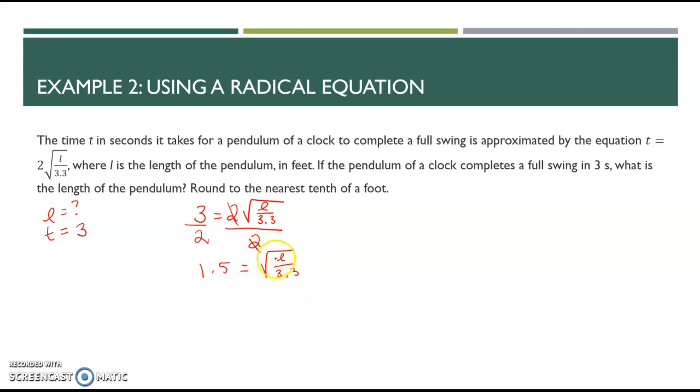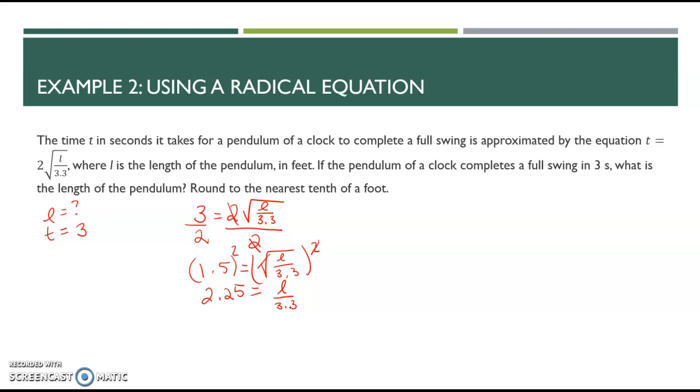Before I can do anything with the L or the 3.3, I've got to remove that square root. And so this is where I'm going to square. Then 1.5 squared is 2.25. Squaring the square root makes it go away, and so then we have L over 3.3.